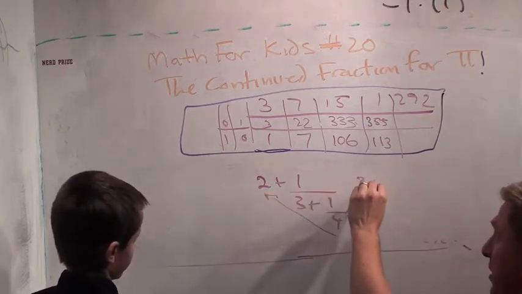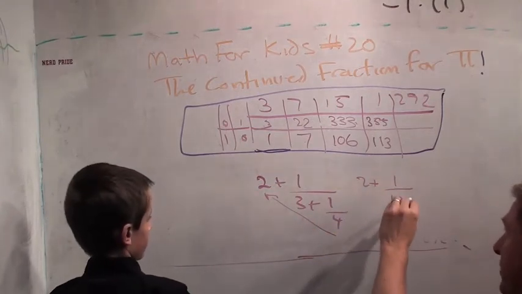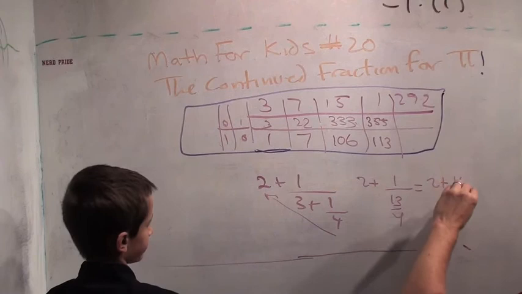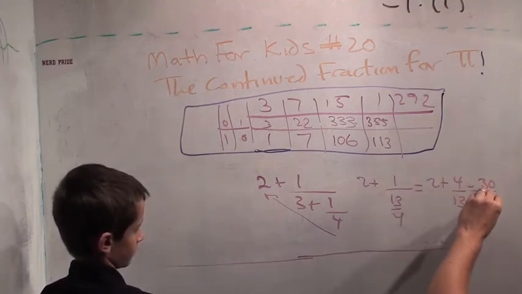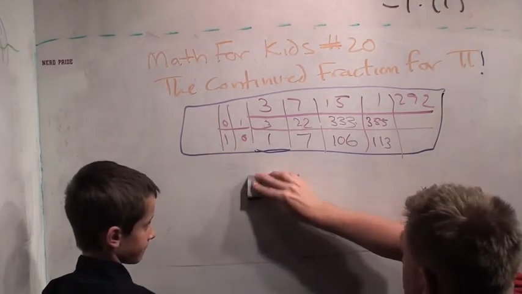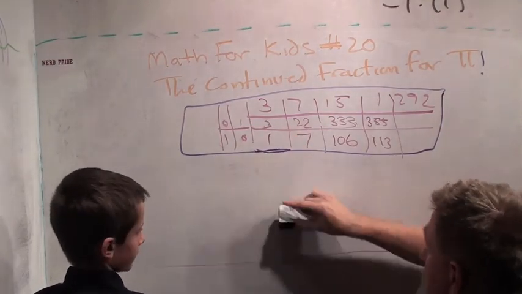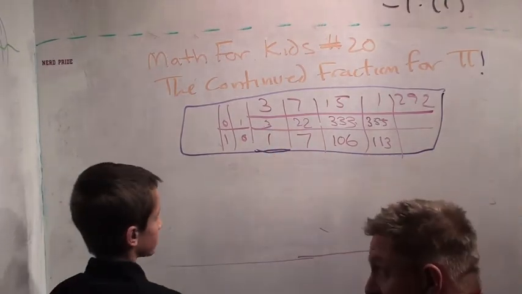So this is 2 plus 1 over 13/4, which is 2 plus 4/13, which is 30 over 13. Then we looked at our special continued fraction machine, which told us how to evaluate the continued fractions from the top down.